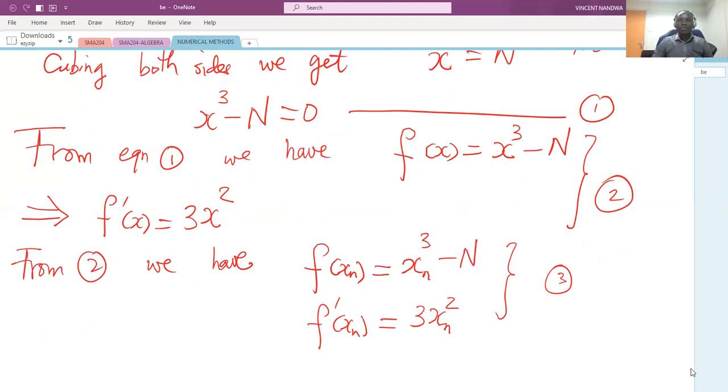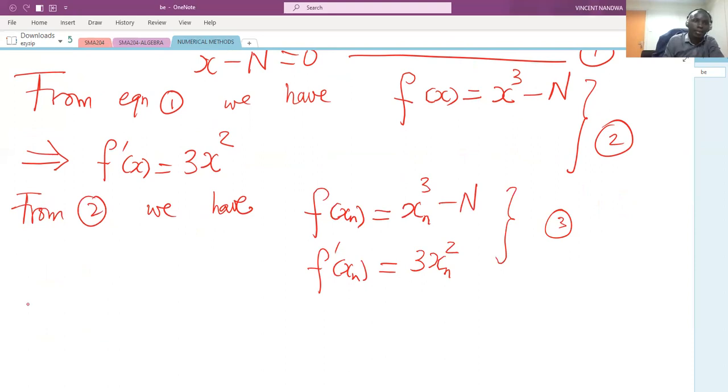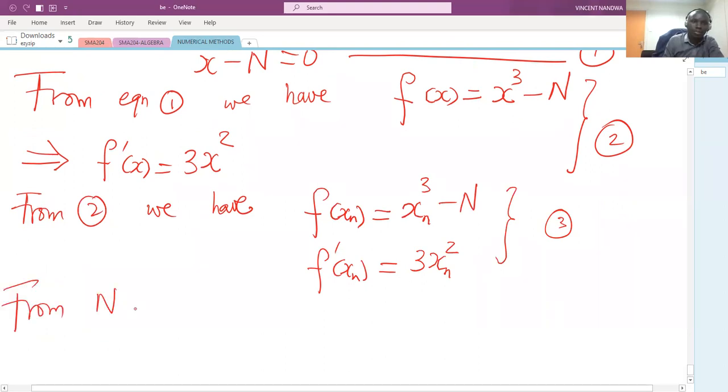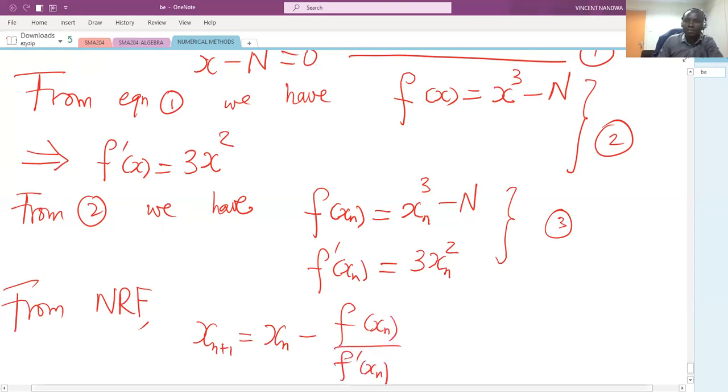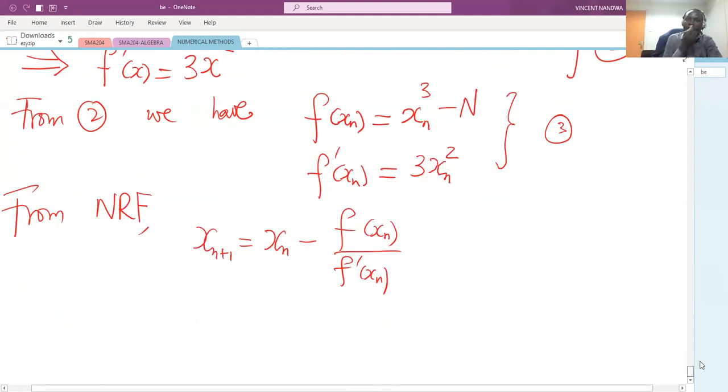Now from the Newton-Raphson formula, xn plus 1 is given by xn minus f of xn divided by f prime of xn.